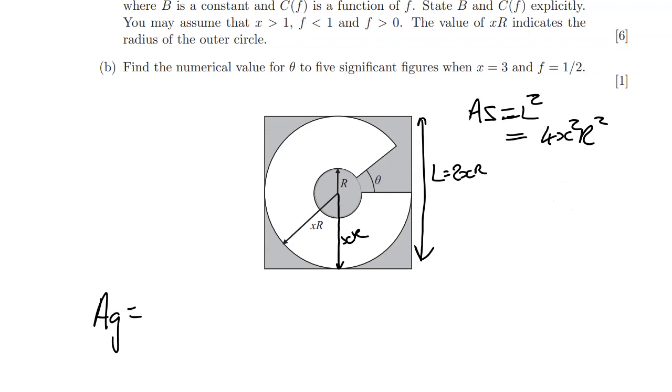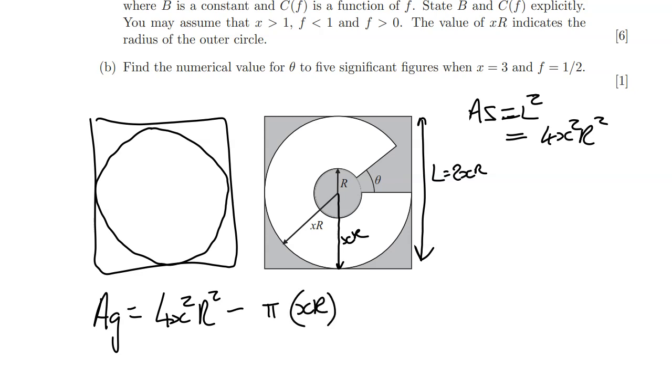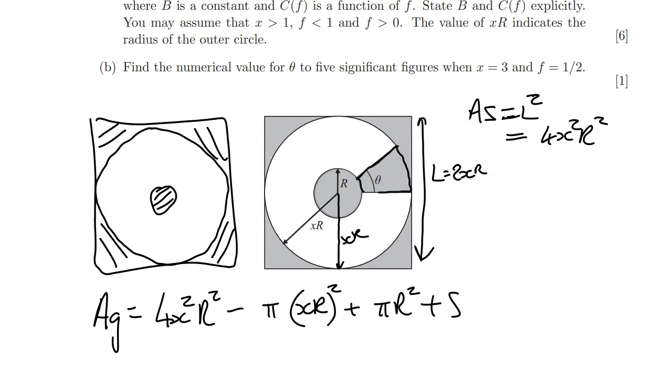So the grey area will be the square area, 4x squared r squared, minus the area of the outer circle, which is pi xr all squared, plus the area of this little circle in the middle, which is pi r squared, and then plus some segment area S. It's not quite a segment as such, but you'll get what I mean, this little bit here.